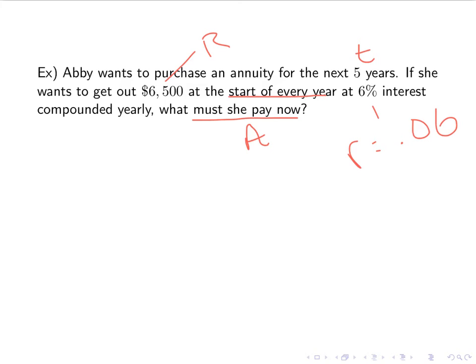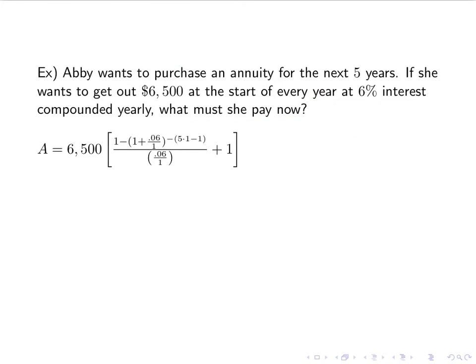Okay, so I'm looking for A with annuity due, so that is the bottom right equation. That's the only one we haven't used yet, and that is probably the most complicated of all the equations. So again, I want you to make sure that you know where these numbers are all coming from. Every year, there is 1 year in a year, so M is 1.